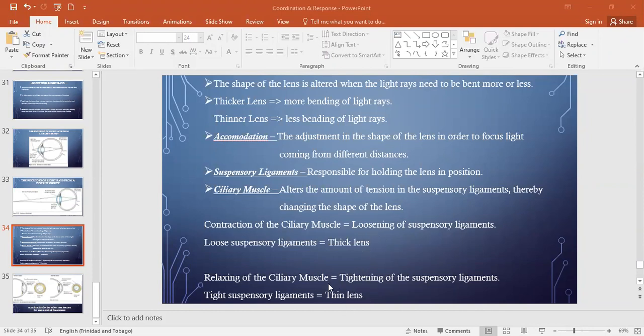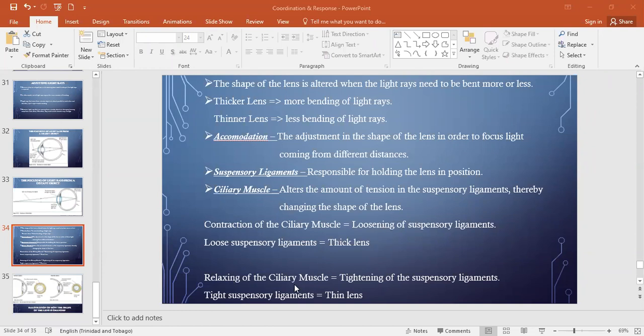But if you want a thin lens, your ciliary muscles need to relax. When they relax, interestingly enough, normally you would have expected the opposite, right? Contract meaning tight and relax meaning loose, but it's kind of the opposite.